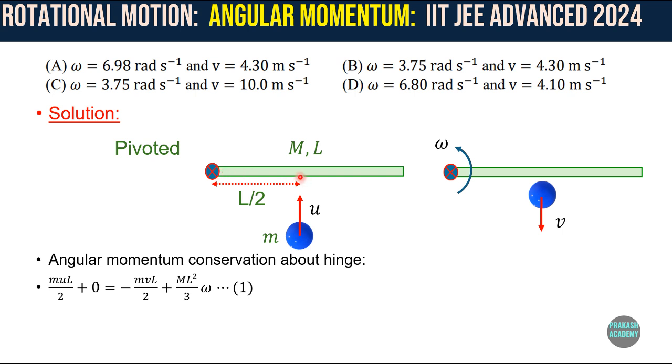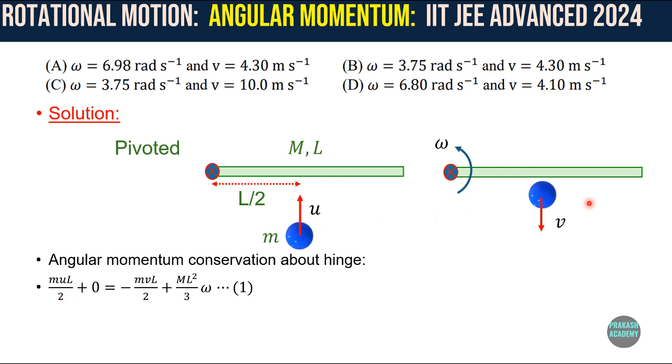Just before the collision this ball will be somewhere here, so velocity is in this direction and radius is in this direction. So r cross mv will be coming out of the screen. Let's call the direction coming out of the screen positive, so this term will be positive. What will be the magnitude? r is L by 2 and v is u, so the magnitude is m u L by 2.